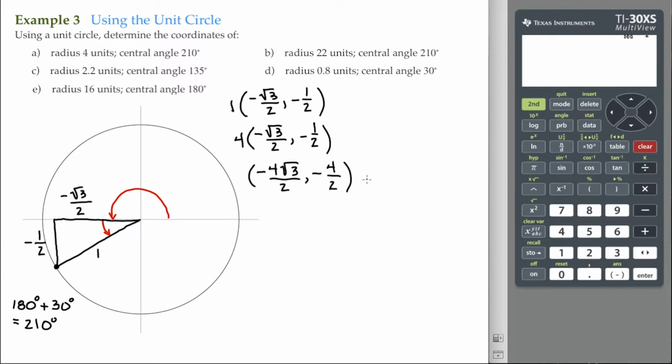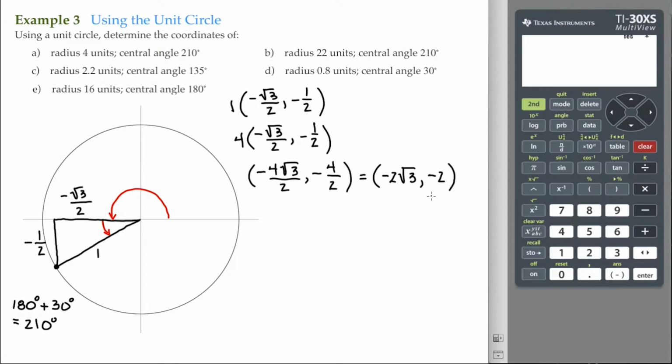This simplifies to negative 2 root 3. And this simplifies to negative 2. So the coordinates for a point with a radius of 4 units and a central angle of 210 degrees are negative 2 root 3 and negative 2.